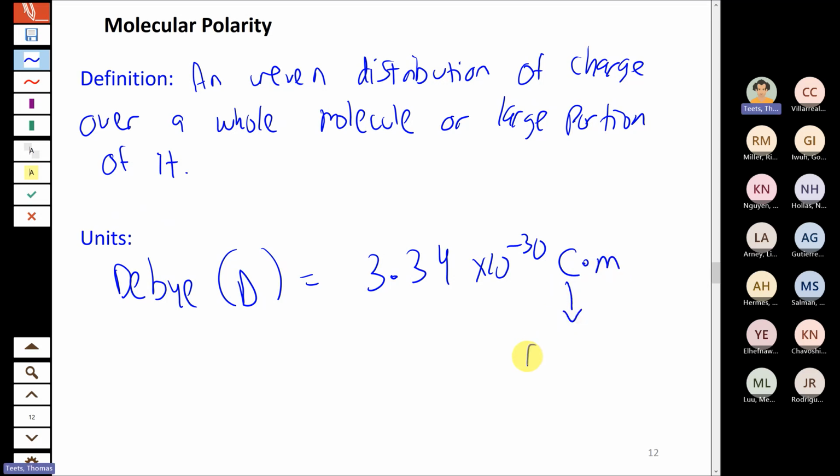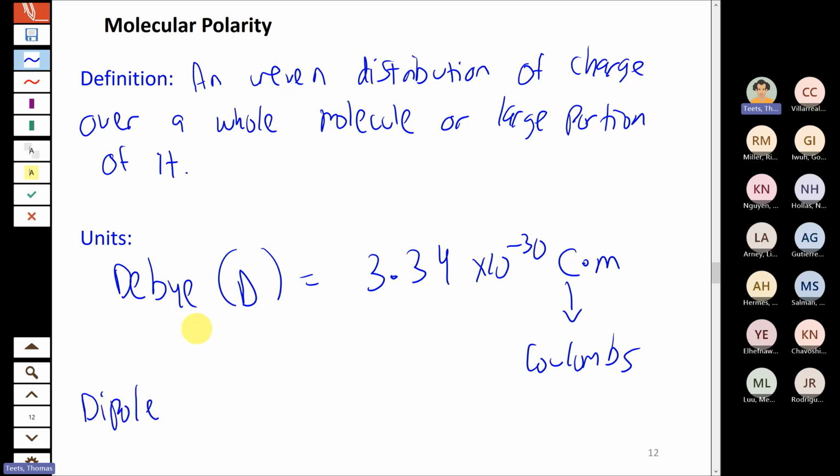So this unit here is the unit of charge, coulombs. And the whole idea that this is telling us is that just from the units alone, you can tell that when you're talking about a dipole, how polar something is is a function of the charge that's involved, how much charge imbalance is there, as well as the distance over which that occurs. Again, don't really worry about this too much. I just wanted to make sure you're aware of it.